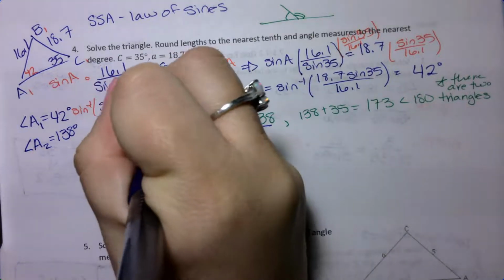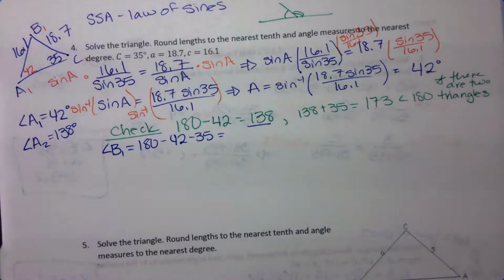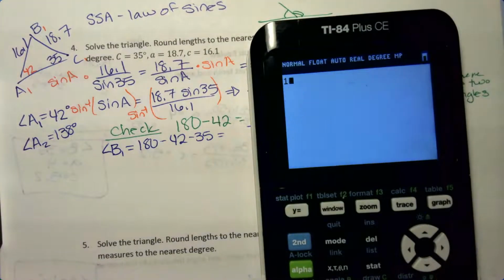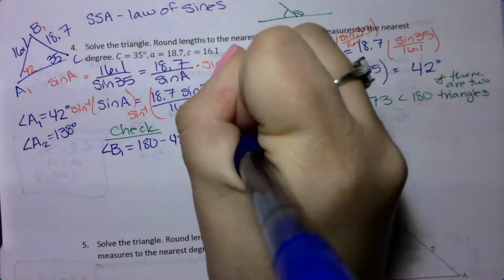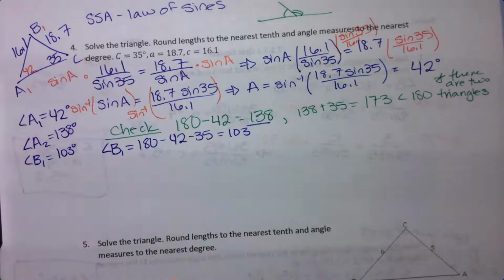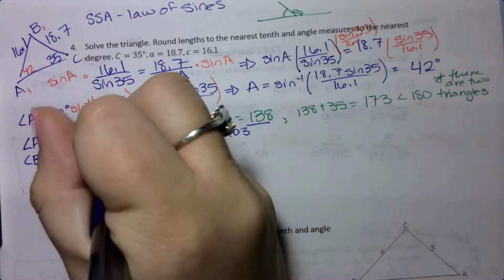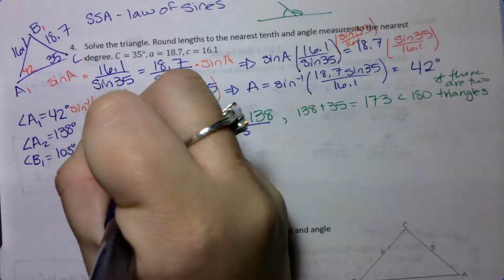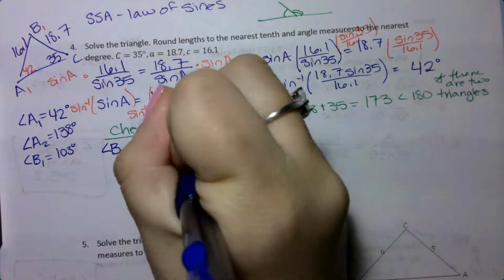So, now that I have my second angle in here, I can solve for angle B1. I'm going to do 180 minus 42 minus 35. Which gets me 103. Then I need to go ahead and find my side length for B. So I'm going to use the sides that were given to me. I have 16.1 and sine of 35. Those match up for the C. Then I don't know my B1 side length.